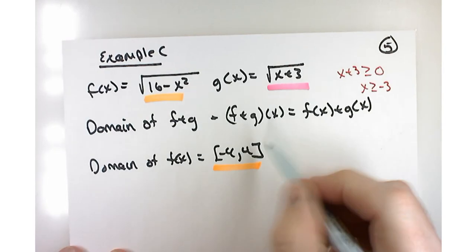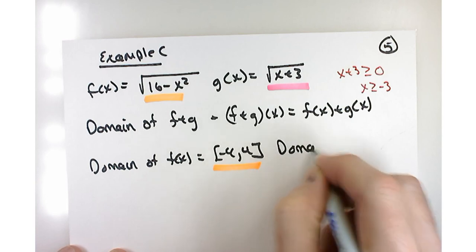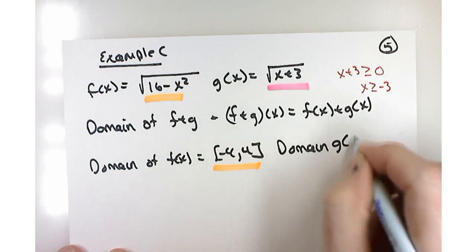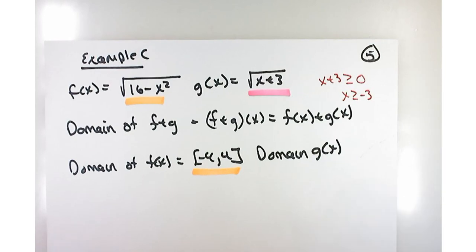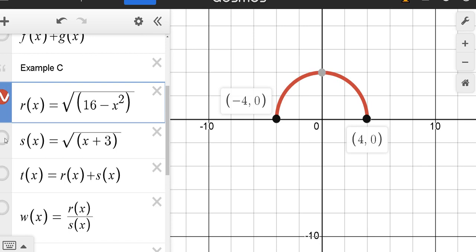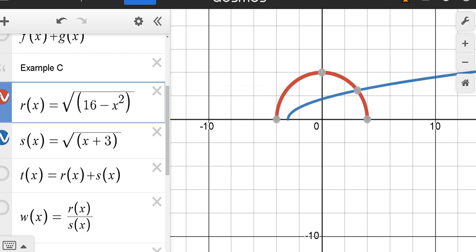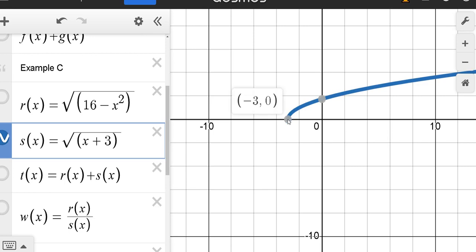So domain of g of x, well, let's take a look at it graphically, make sure it lines up. Here's our function g of x. Why do we need to find the domain of g of x? Well, we need to find where these things overlap, because we're going to add these two functions together.